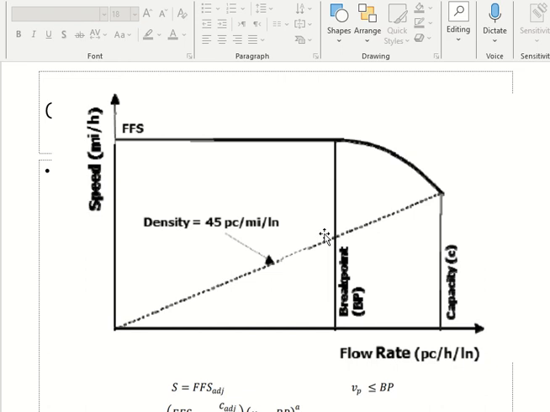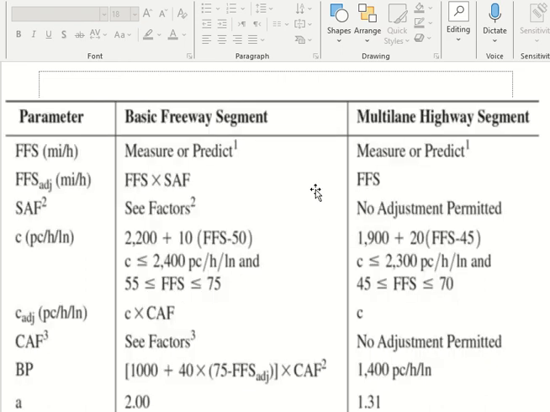So this depends upon what is my break point. Now remember, we are doing multi-lane highway. What is my break point? Fixed, no calculation required. Multi-lane highway, break point is 1400.